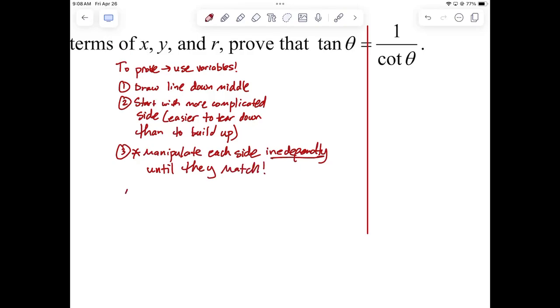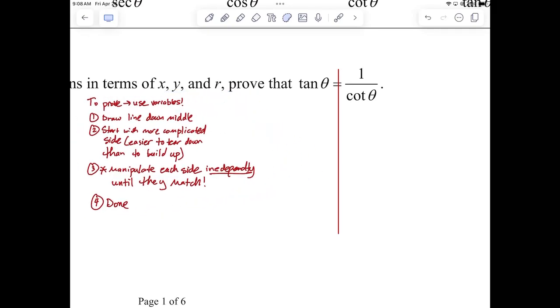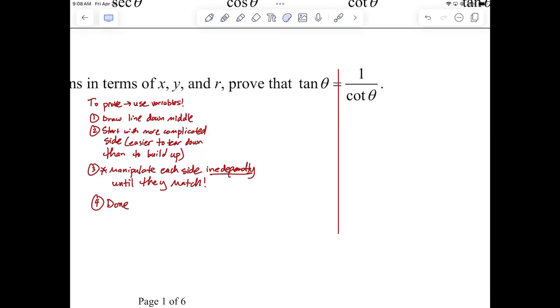Okay? And then you're done. Now, when we manipulate it, what are our options? Well, we have algebra on our side. We can manipulate it algebraically, or we can use identities to substitute something with what it's equal to.